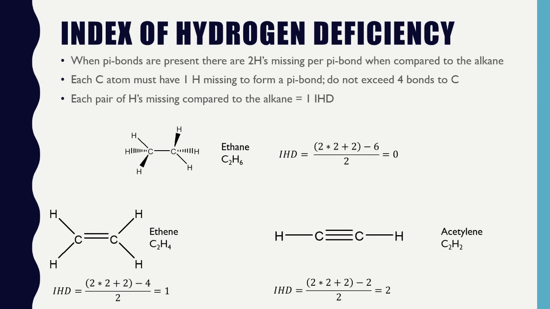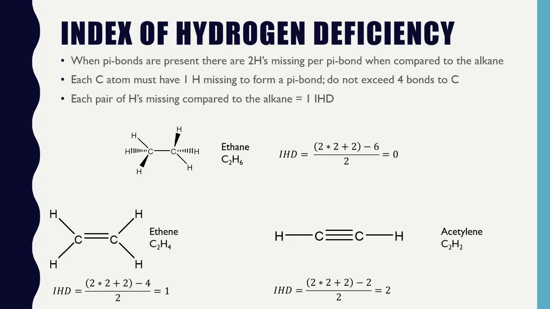What's happening on this slide is basically on each of the structures going down from ethane, I am taking away 2 hydrogens. And in order to take away the 2 hydrogens, you have to add an additional bond between the 2 carbons, right, to make sure that carbon still has 4 bonds to it. But notice what happens to the IHD count every time you do that. So every time you lose a pair of hydrogens compared to the corresponding alkane, you increase the IHD by a factor of 1.